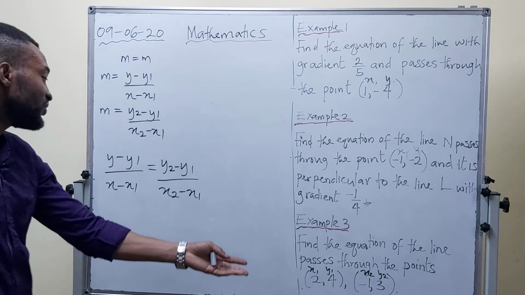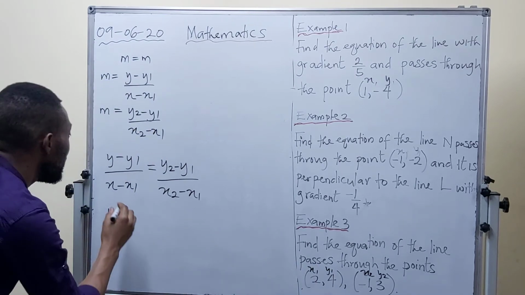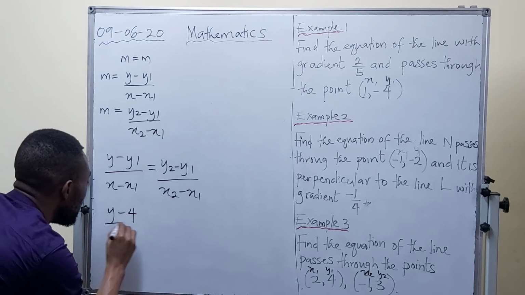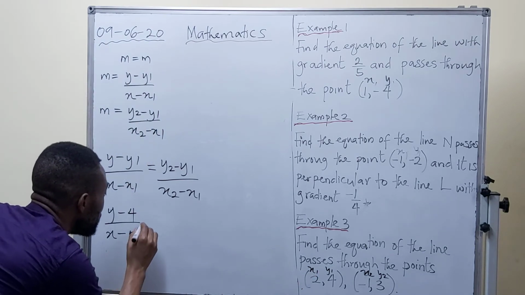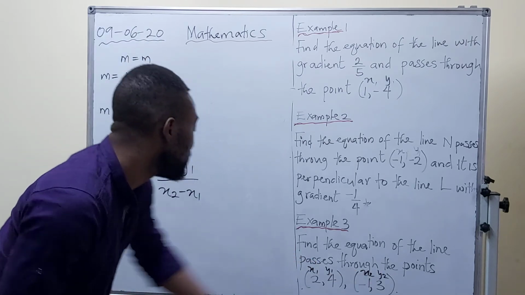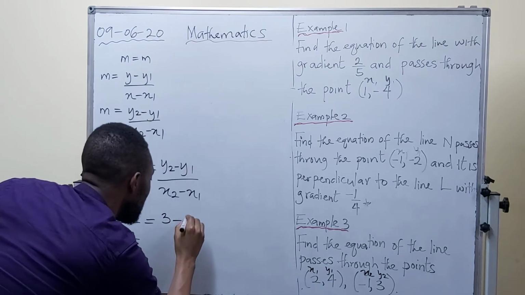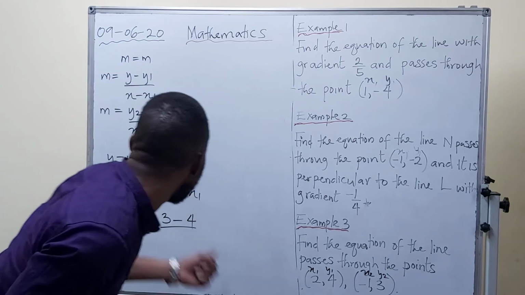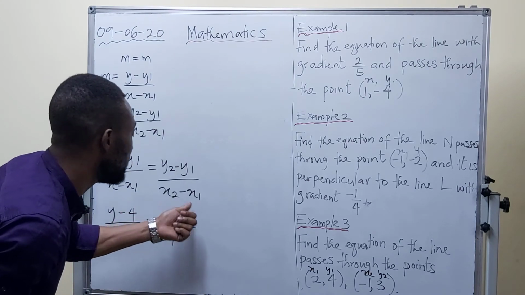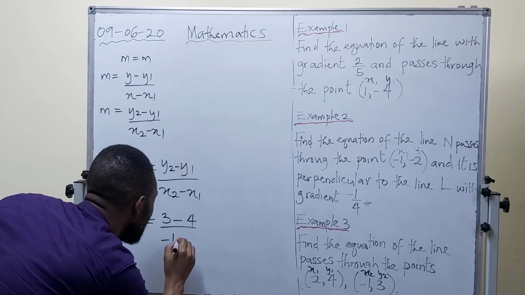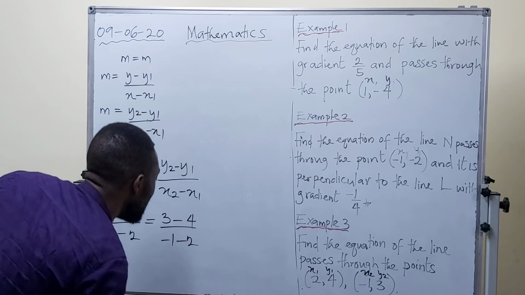So now by placing all this into my formula, I have y minus my y1, which is 4, over x minus my x1, which is 2, equal to my y2, which is 3, minus my y1, which is 4, over my x2, which is minus 1, minus my x1, which is 2.